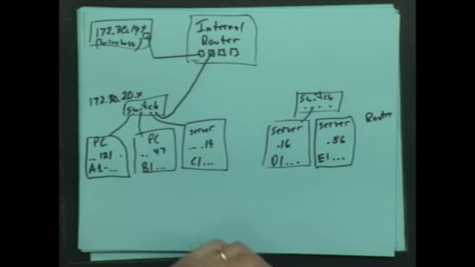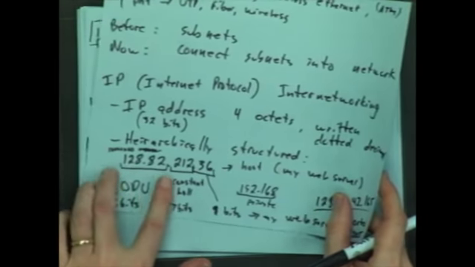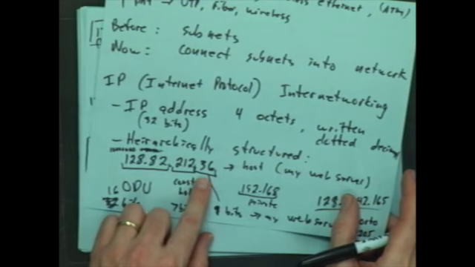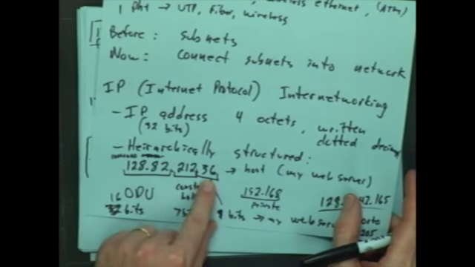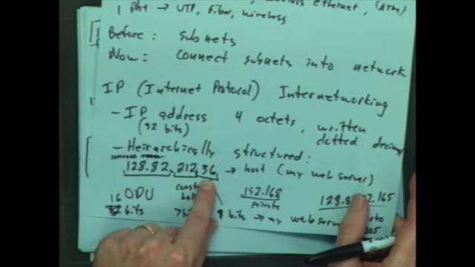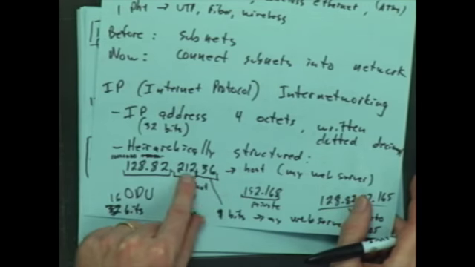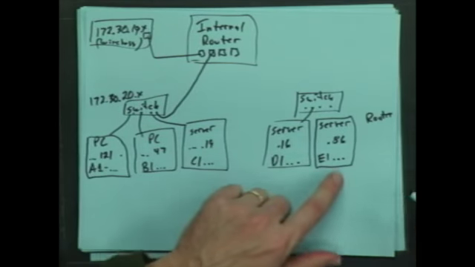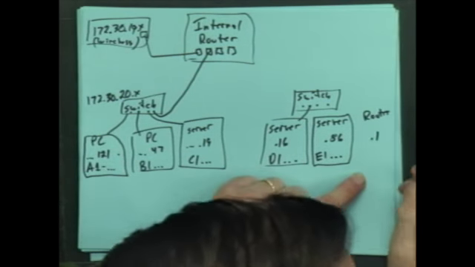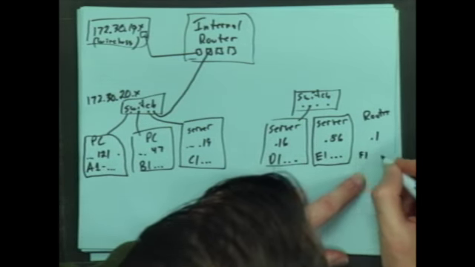Remember? I am assigned this as my network part. I get to do whatever I want with this, and so I'm the one that said, for example, that my computer in my office, well, I'm not the one that said it, someone told me, but that guy got to pick what number that was. Okay, so these numbers are assigned by a person. Okay, this router is .1, and it has F1.